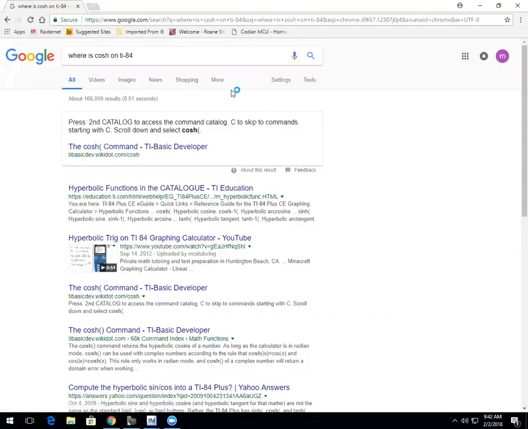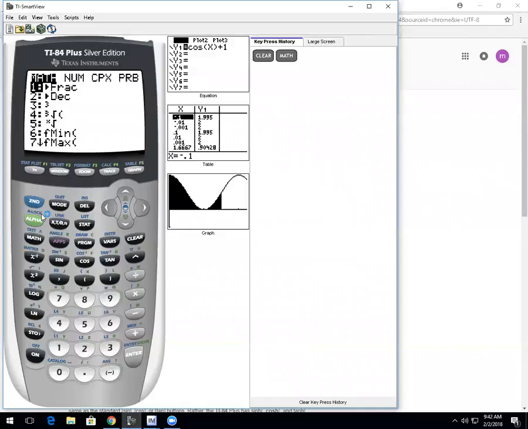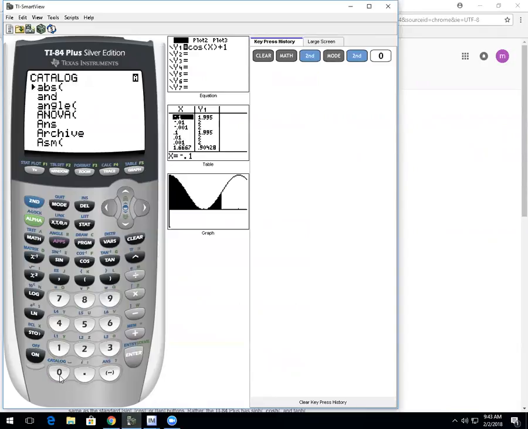It is under catalog. Second and catalog. Catalog is right up above the 0. So second and catalog has a ton of stuff, but if we type the letter C, we'll at least get down to the C's, and the letter C is above which key?